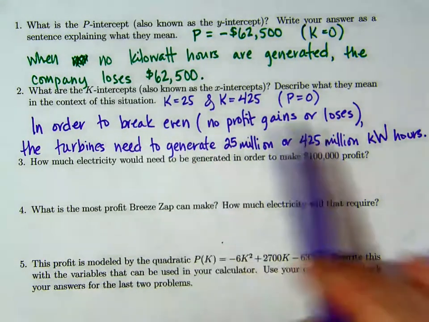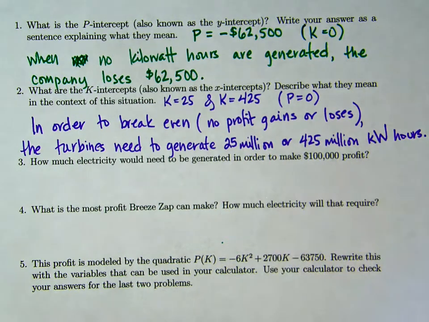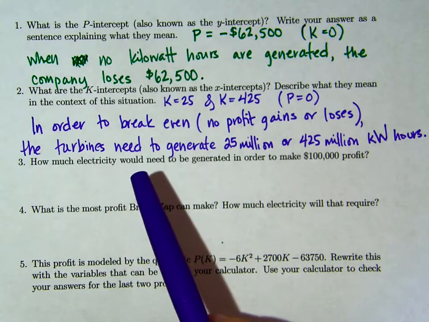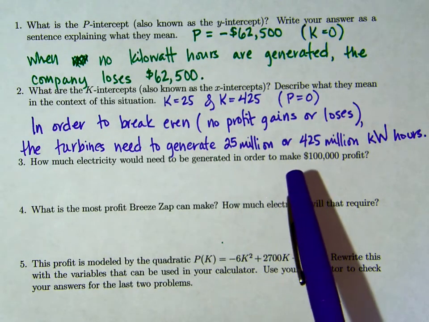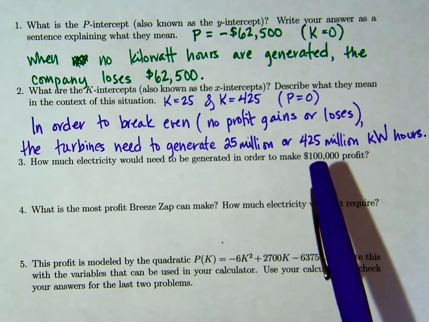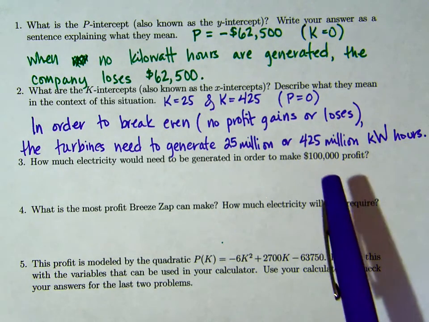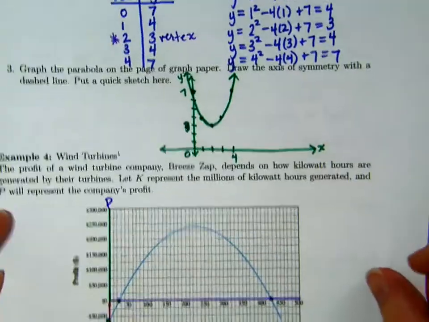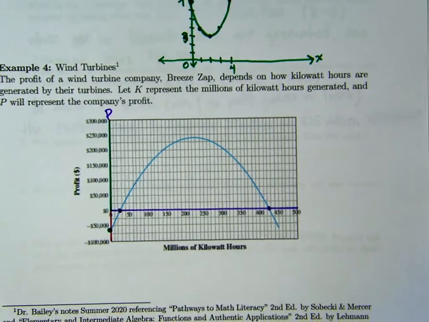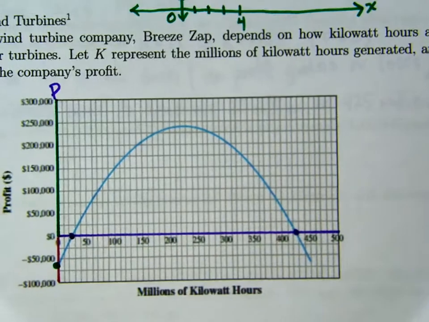All right, so break even, that's what we're going for. And it looks to me like we're going for in between there, yeah? How much electricity would be needed in order to make $100,000 of profit? Let's not get ahead of ourselves there or go nuts.